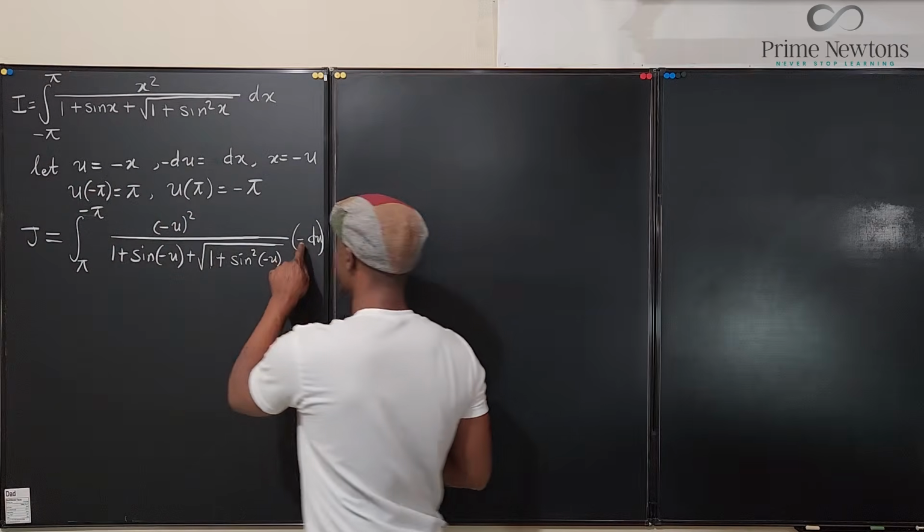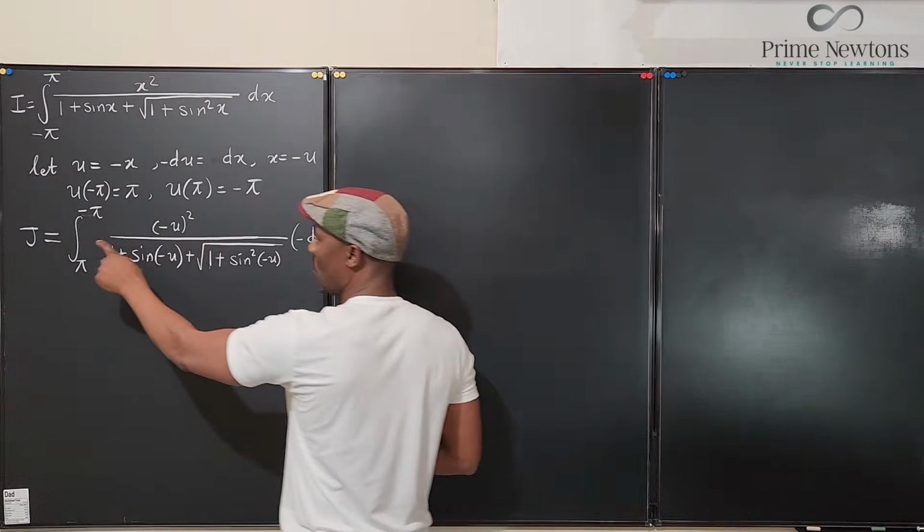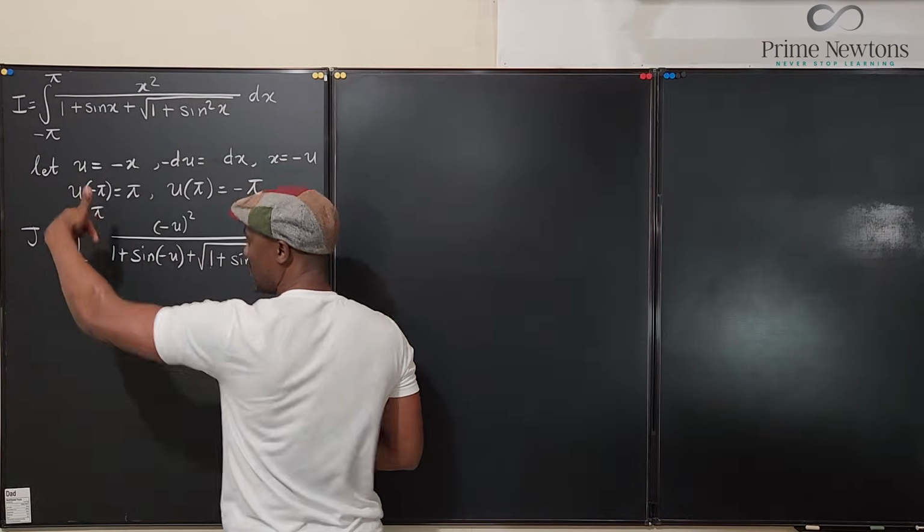Okay, so this negative can go all the way here, and when it gets here, it can flip the boundaries back.